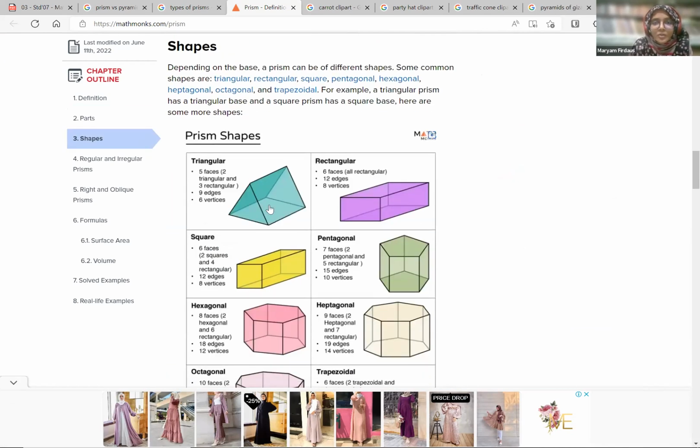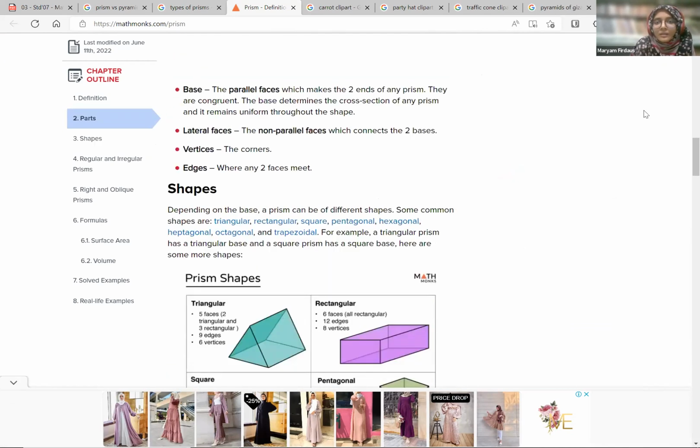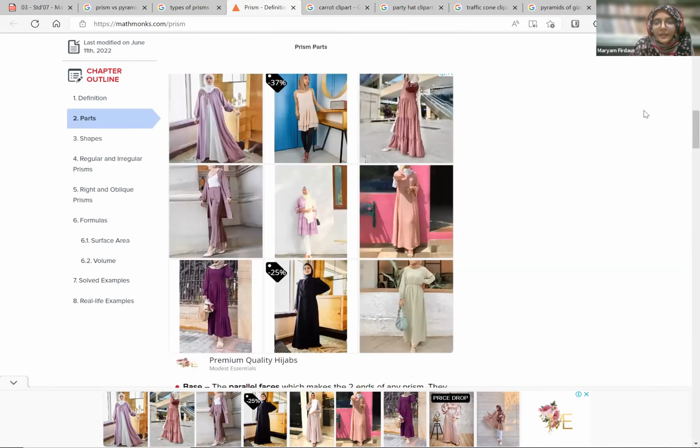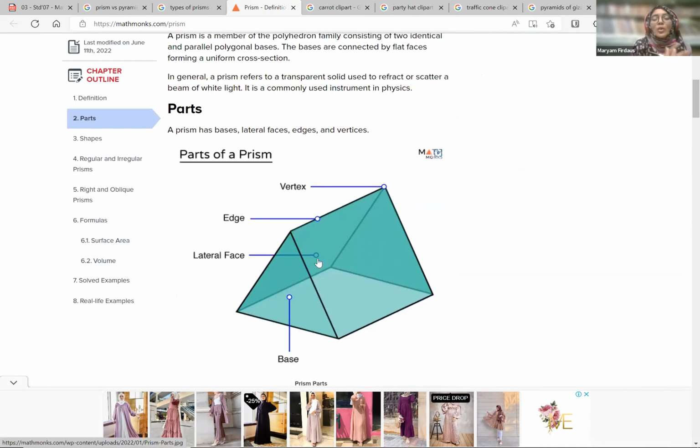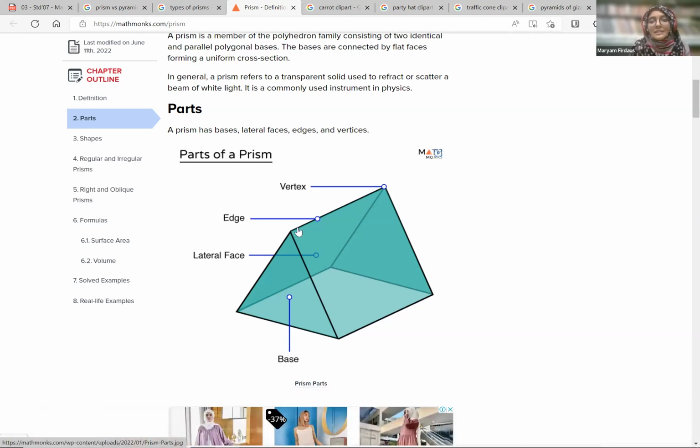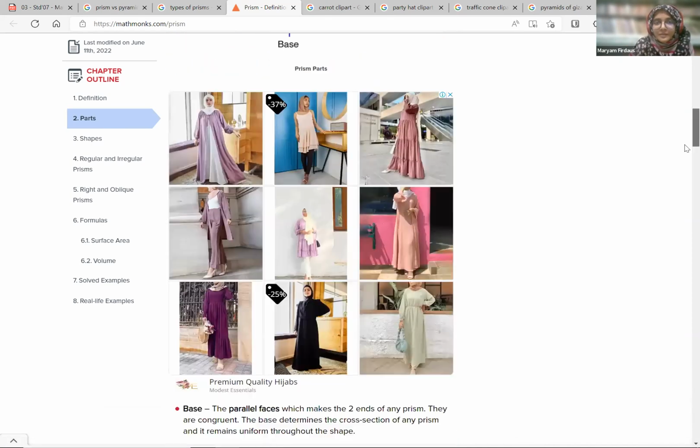The difference between a prism and a pyramid is that a prism will have an edge on top of it. The peak is going to be an edge, but in a pyramid the peak is going to be just one vertex. Now let's see the different types of prisms.